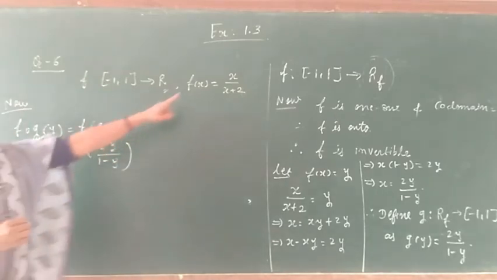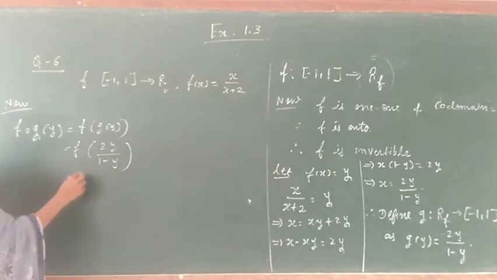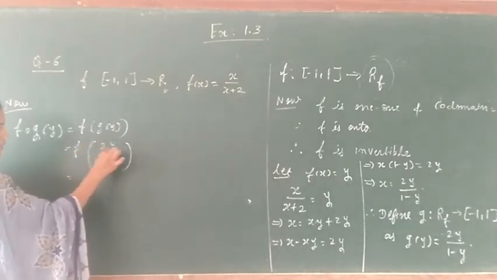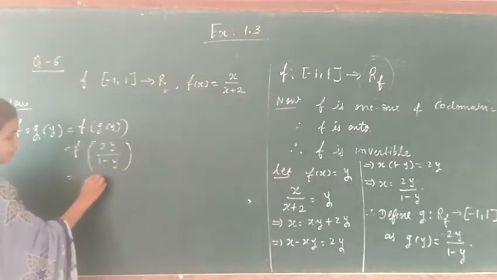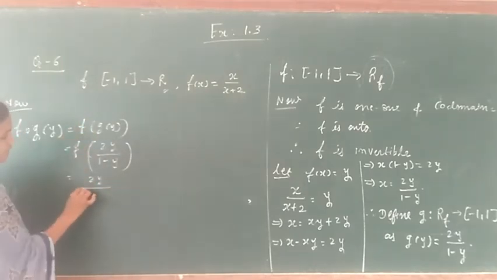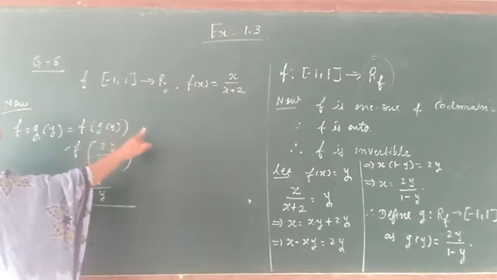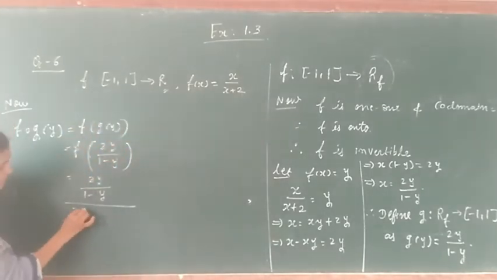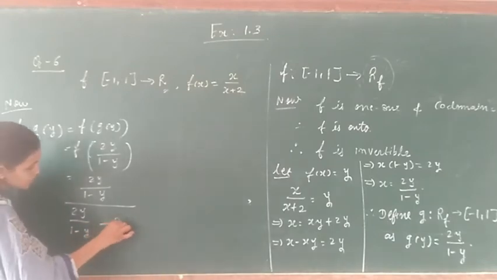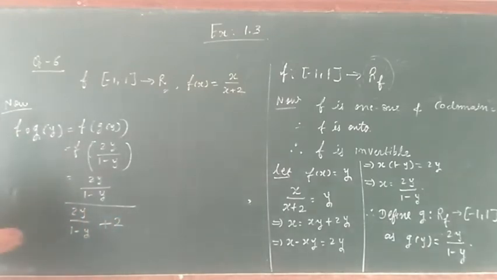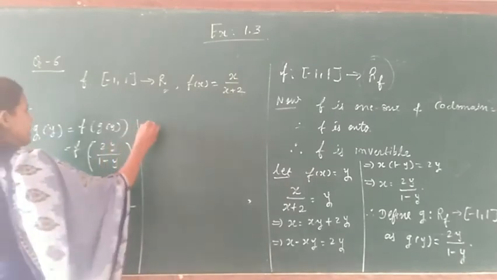Now what is f? x upon x plus 2. So at the place of x we have 2y upon 1 minus y. So we will write 2y upon 1 minus y in place of x, and in the denominator x plus 2, so that will be 2y upon 1 minus y plus 2. Now simplify. So what do we get on simplifying?